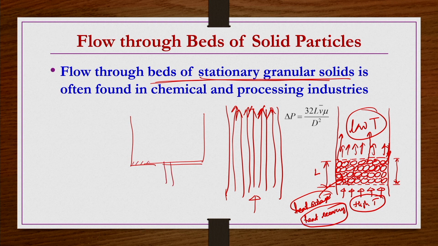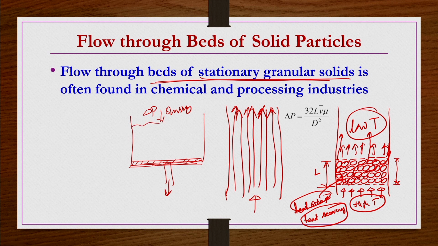When we do filtration, there is a filter paper at the bottom in a container. The slurry or suspension comes in here, and then some pressure delta P is applied, or there is a vacuum at the bottom, either way is possible.